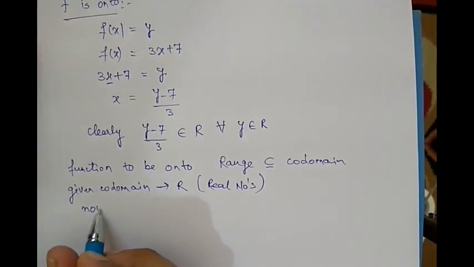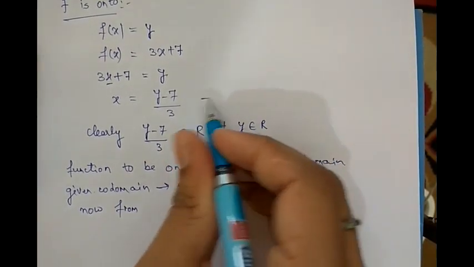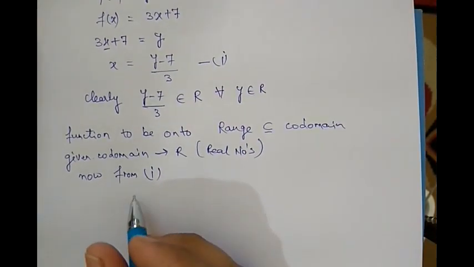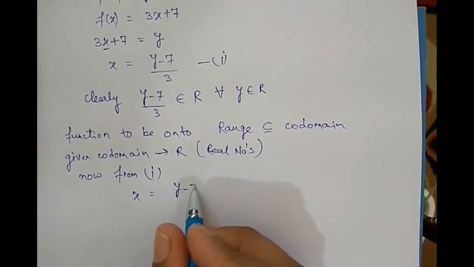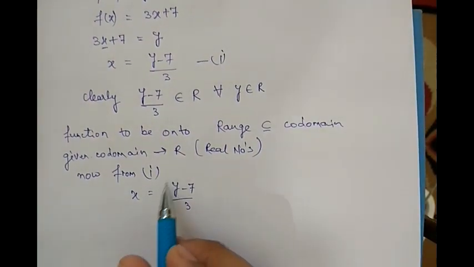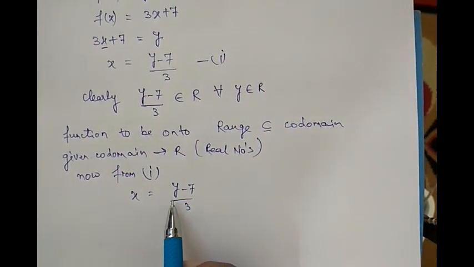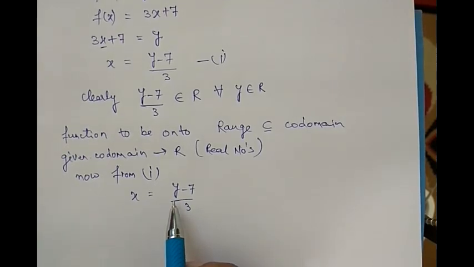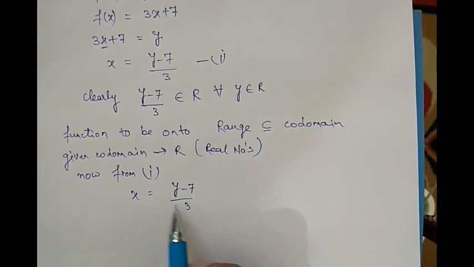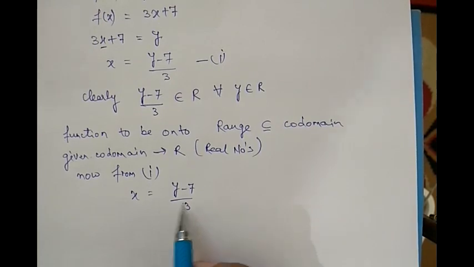Now, let's say this is your equation number 1. From 1, x is equal to (y minus 7) by 3. Now, what are the restrictions on y? If we try to find out what values y can acquire, y can acquire any value from minus infinity to plus infinity here.